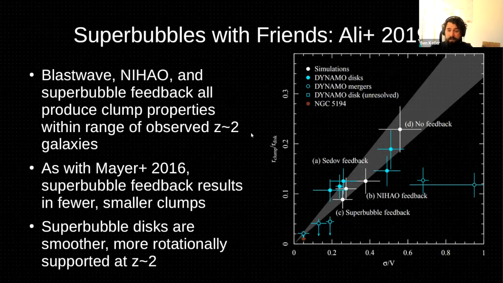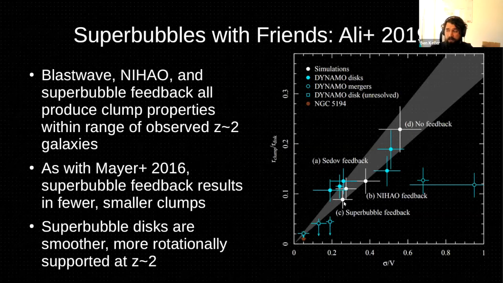One of the really interesting things that they found, surprised me at least, is that the observational constraints aren't really good enough to do much in the way of constraining feedback models. Even in galaxies without feedback, you're still more or less on some of these clump scaling relationships that have been made from observations like DYNAMO.